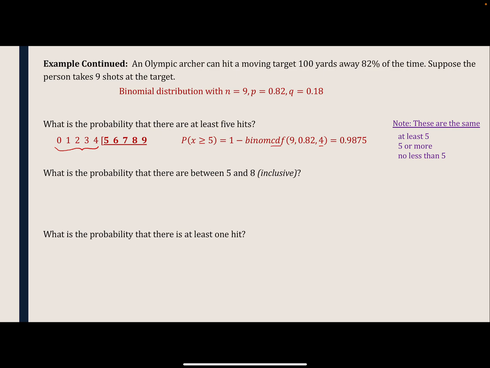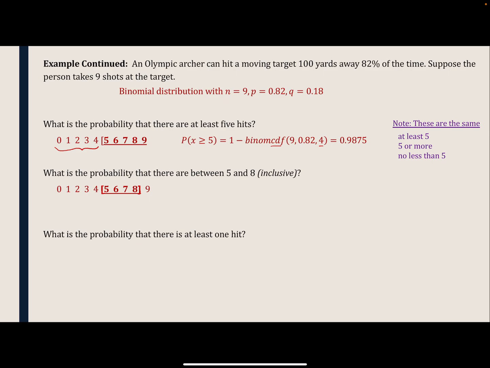The next example asks us to find the probability that there are between 5 and 8, and this is inclusive, meaning that we're including the 5 and the 8. So here's our scenario, right? We want to be between 5 and 8 and include the 5 and 8.